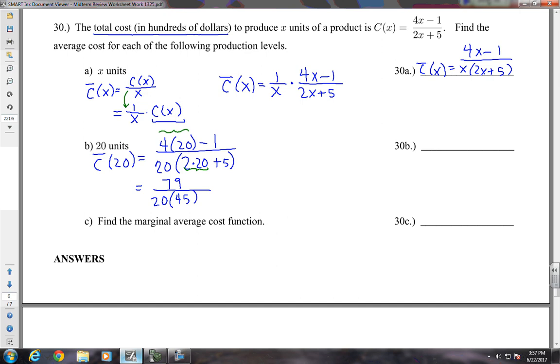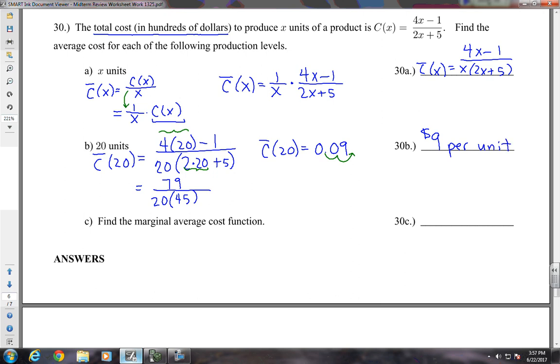So if average cost of 20 comes out approximately 0.09, if we multiply that by 100 by moving the decimal to the right 2 places, we end up with $9 per unit.